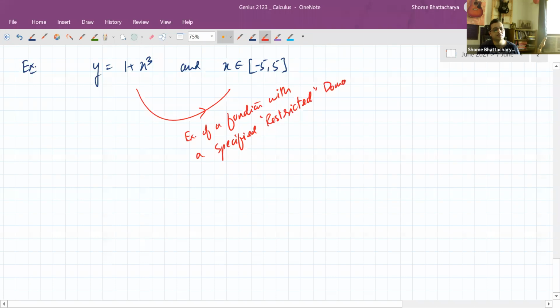If the domain is restricted, that means we cannot take values of x outside of the given domain. Now find the global maxima and minima. Just tell me the answers to this quickly.